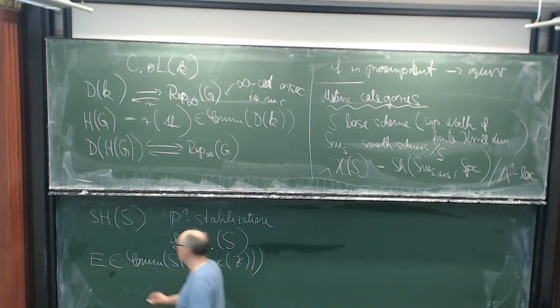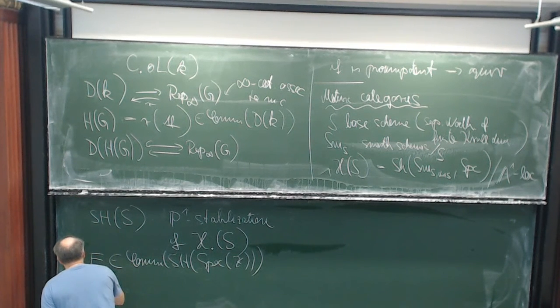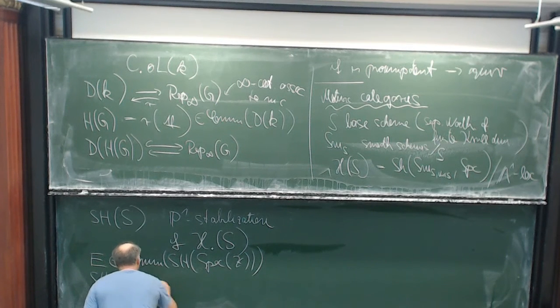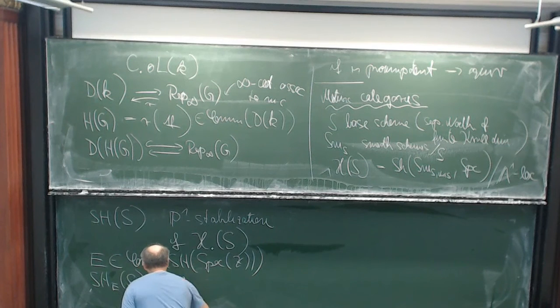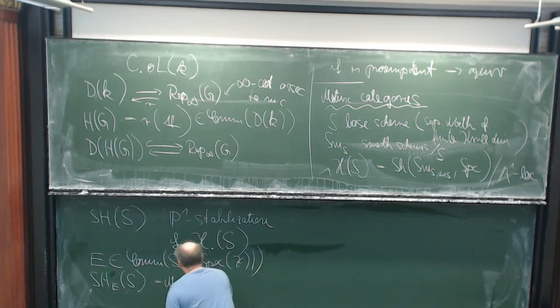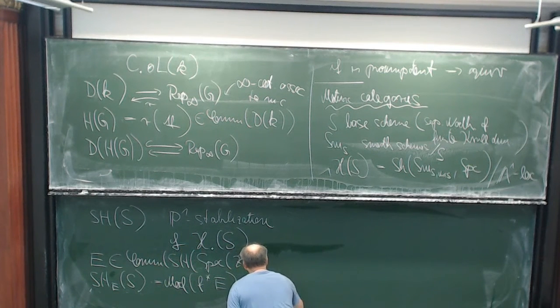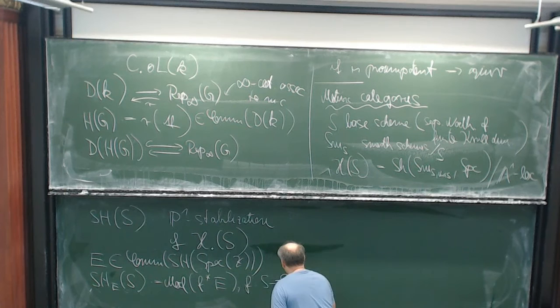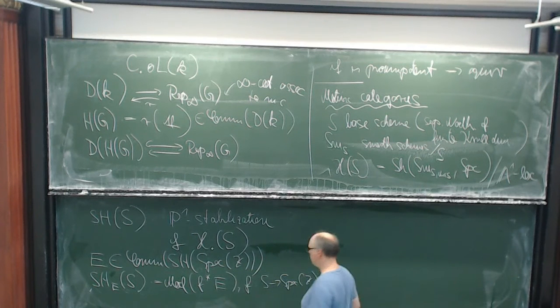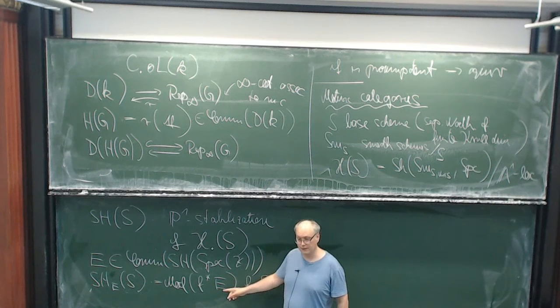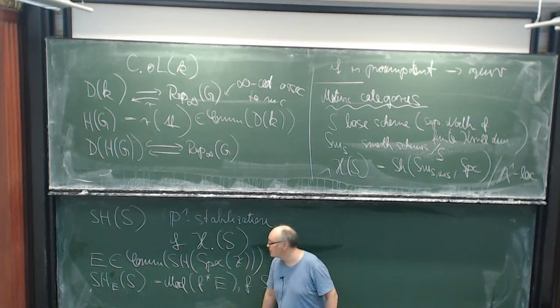And I want to define now SH_E of S as the module category inside SH of S of, say, p upper star E, where p is the structure morphism of S to Spec C. So there's a variant. If you take for E the tensor unit, you just directly get SH(S).